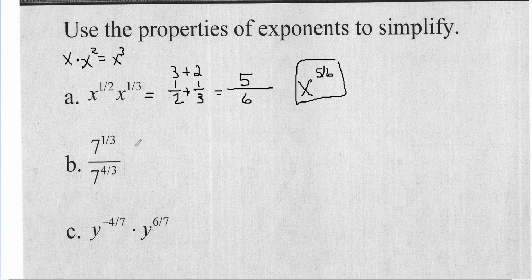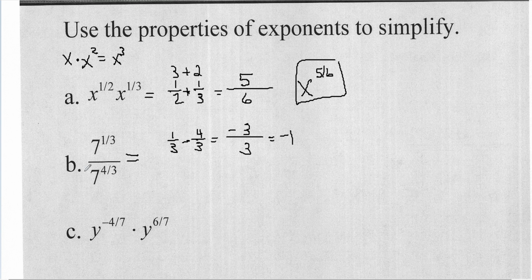All right, how about B? 7 to the 1 over 3 divided by 7 to the 4 over 3. Well, let's see. I'm going to rewrite this, and I'm going to subtract the bottom from the top. So it's going to be 1/3 minus 4 over 3, which gives me 3 stays the same, and I've got 1 minus 4 is negative 3, which equals negative 1.